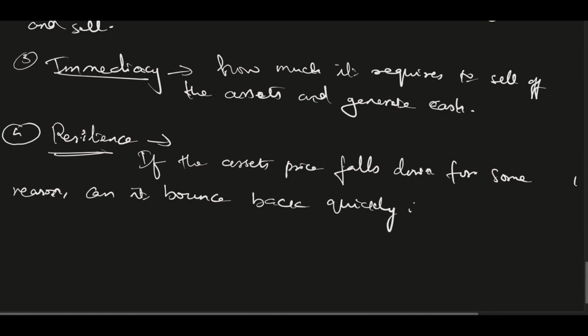Assets with strong fundamentals should be able to bounce back. If it doesn't have strong fundamentals, then it will not be able to bounce back, right? So these are some of the terms associated with measuring liquidity risk.